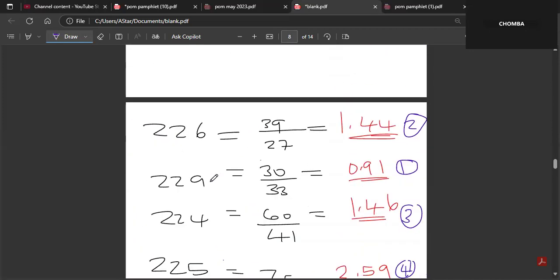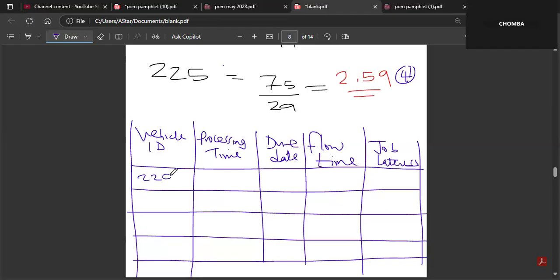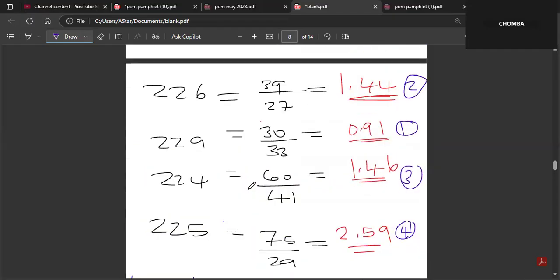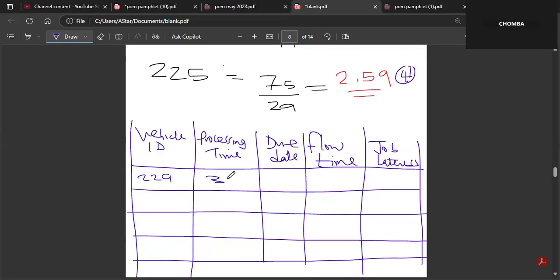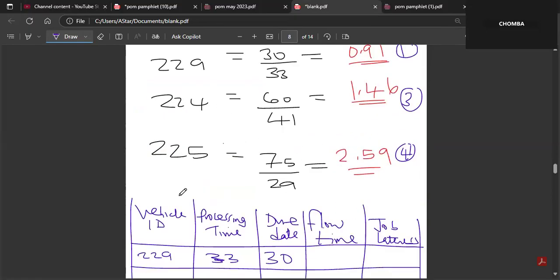So the vehicle ID is 229. The processing time there is 33 and the due date 30. Then the other one, 226.